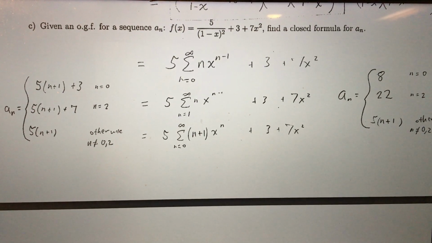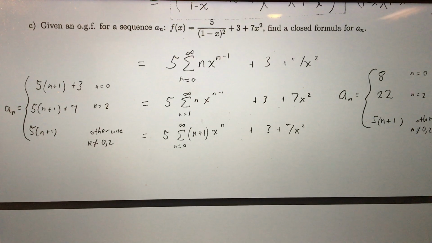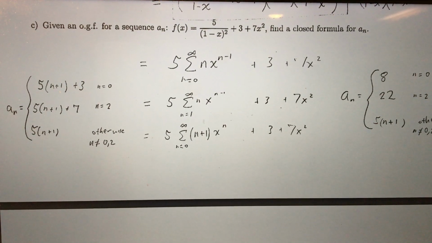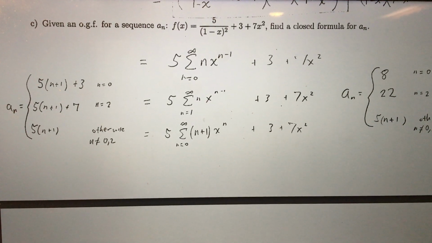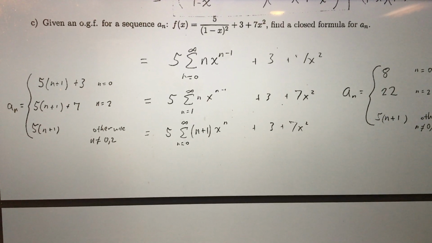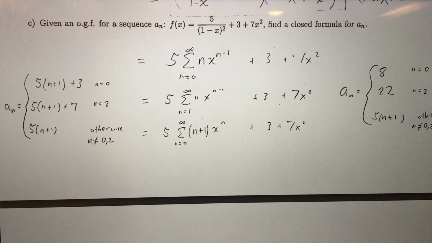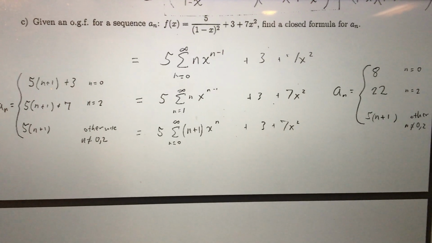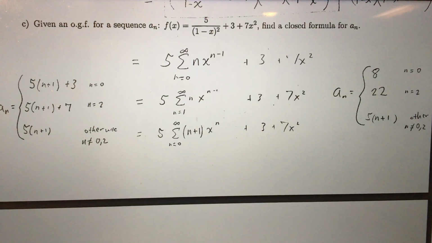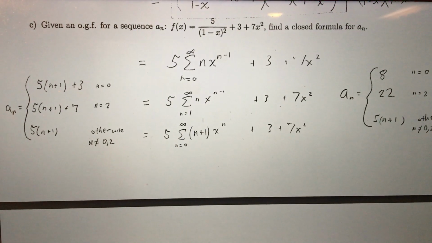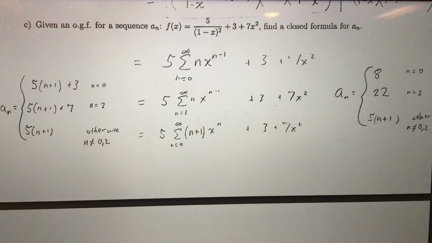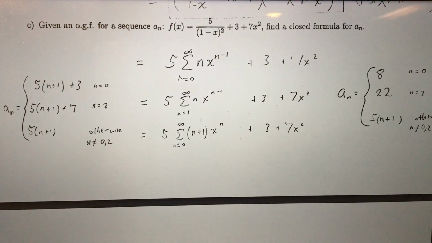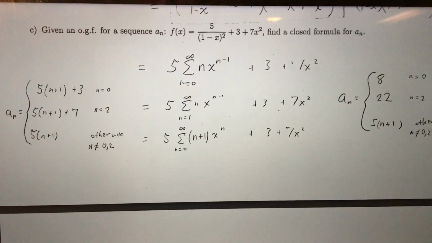When you're using the actual function and its derivatives, then you need to worry about the factorial. But plug in n equals 0, then times 0 factorial will just be times 1. So we have 5 over 1 minus 0 squared plus 3 plus 7 times 0. Yep, get 8.